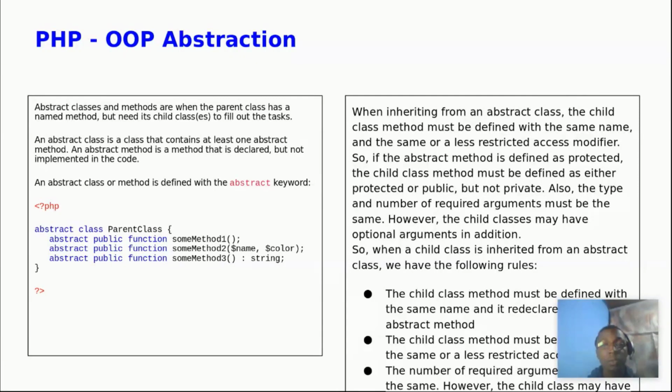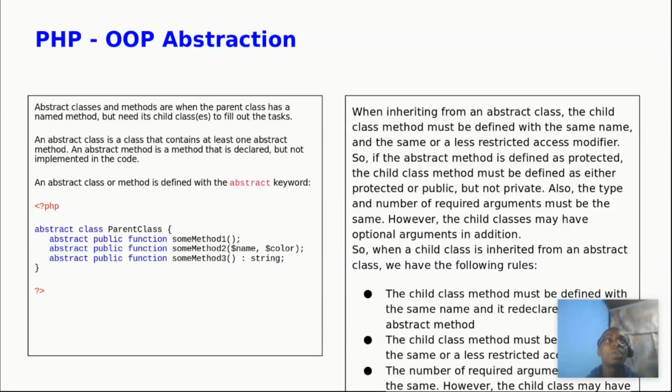Now, when inheriting from an abstract class, the child class method must be defined with the same name and the same or less restricted access modifier. What I want you to get out of here is that when you are inheriting from an abstract class, you are supposed to make sure that the access modifiers are the same or less restricted.